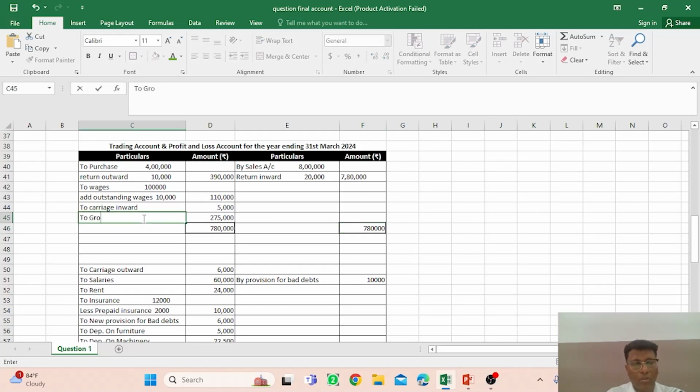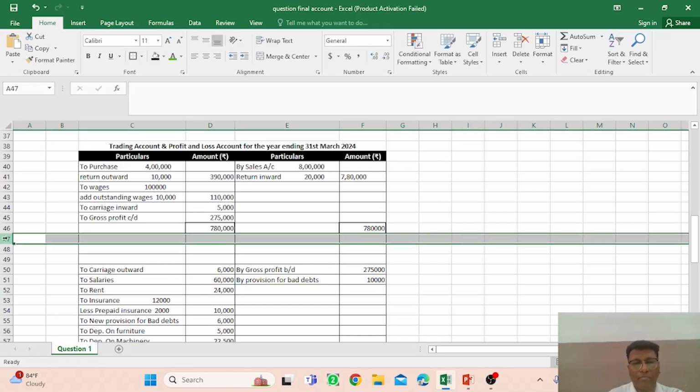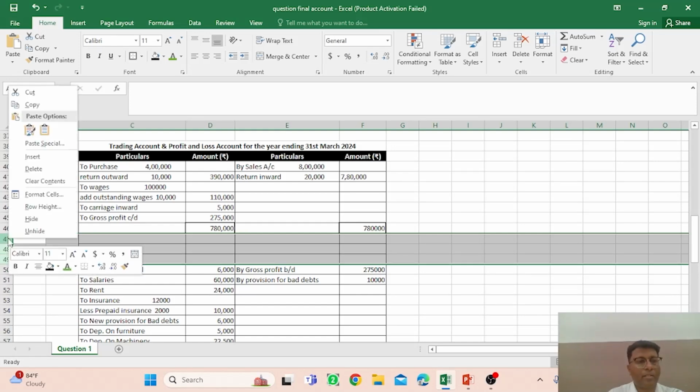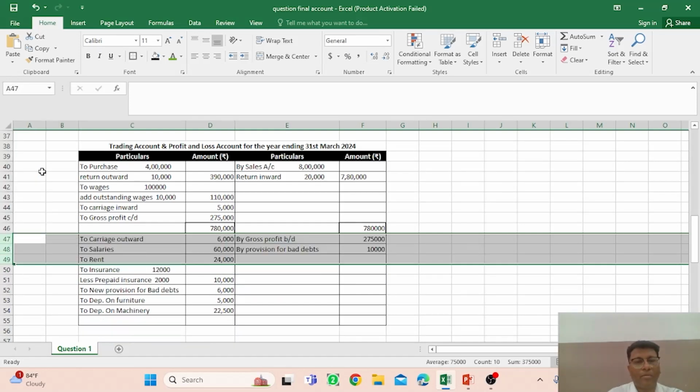To gross profit C/D, it means carried down to the P&L account. So by gross profit B/D rupees 2,75,000.